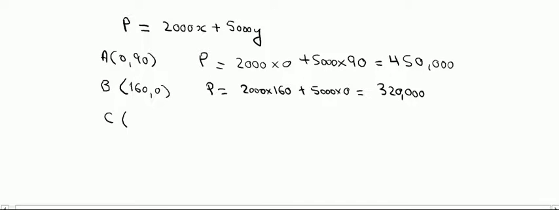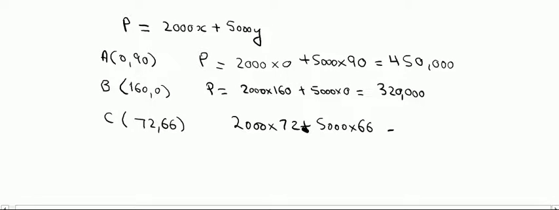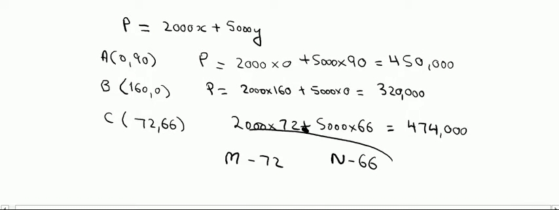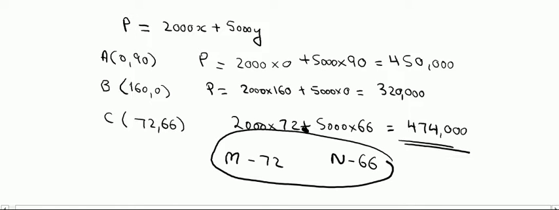Point C has coordinates (72, 66), and our P will be 2000 into 72 plus 5000 into 66, and this equals 474,000. So to maximize profit, we must produce 72 M's and 66 N's. At this level, our profit is maximum as calculated from the corner point theorem.